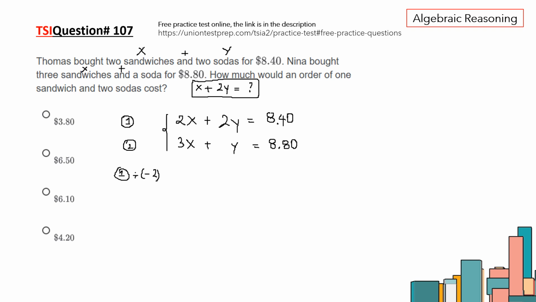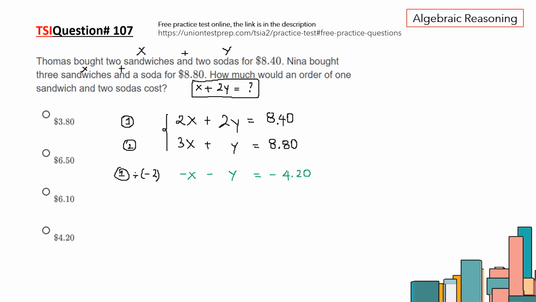Now the new one will be 2x divided by -2, that will be -x, 2y divided by -2, that will be -y, equals 8.40 divided by -2, that will be -4.20.